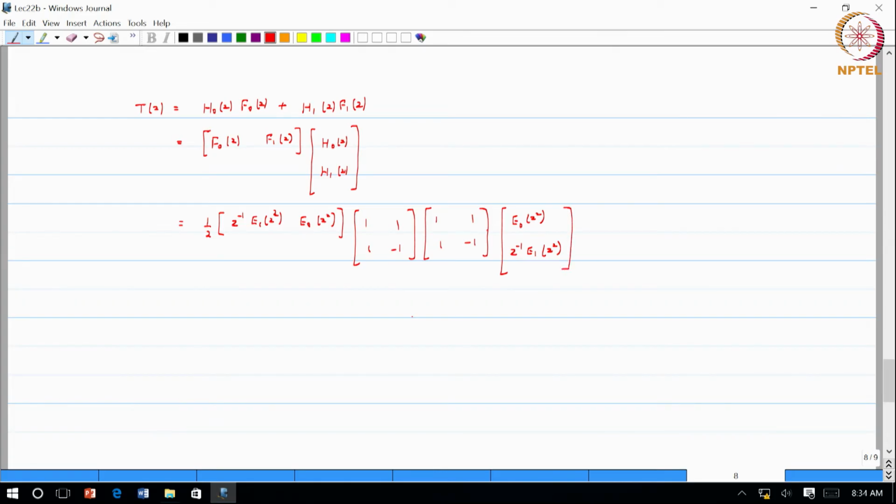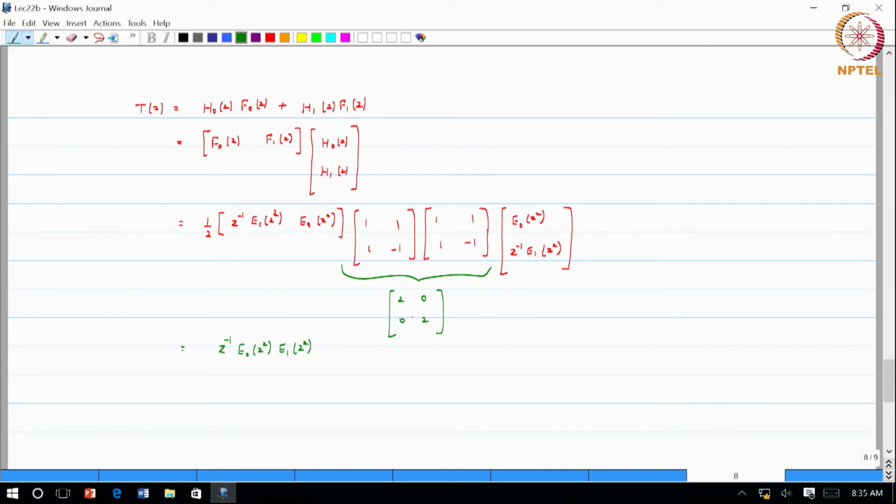Okay. Now, these two is what I mentioned, they will cancel each other, you will get 2 0 0 2. It is like an identity matrix, but with a scale factor of 2. So, that scale factor will cancel off the scale factor of 1/2 that is sitting outside. So, what you will eventually get is the following, you will get Z inverse E naught of Z squared, E1 of Z squared.